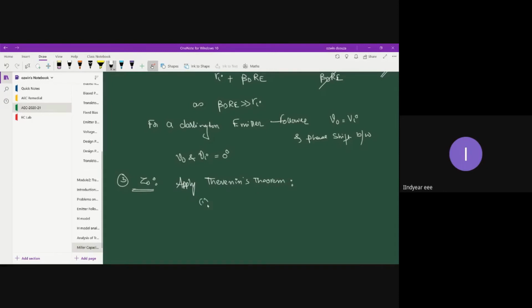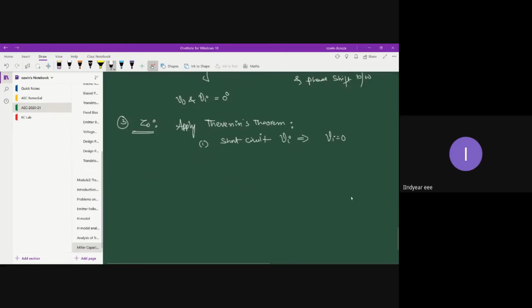That is, short circuit Vi, that implies Vi is equal to 0, and you can actually open circuit the ideal current source. But what I will do, I will just stick on to the approach which is being used in Boylestad textbook, and in the later half I will propose my approach.